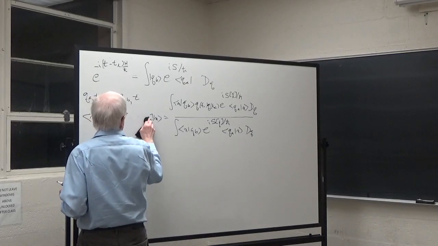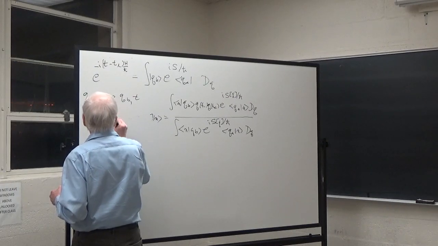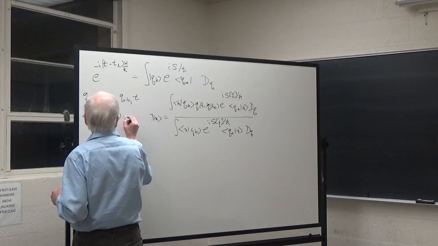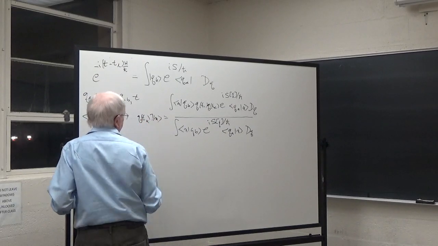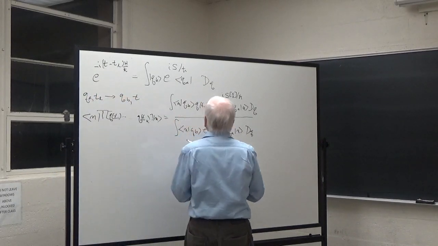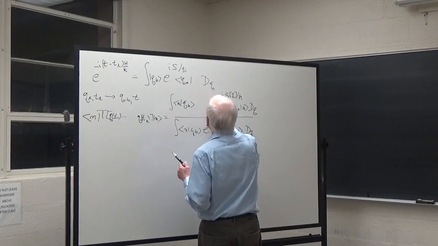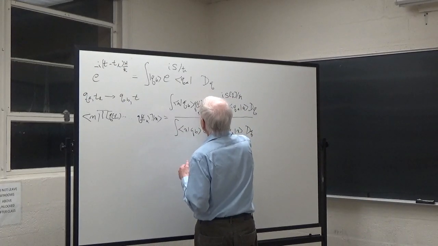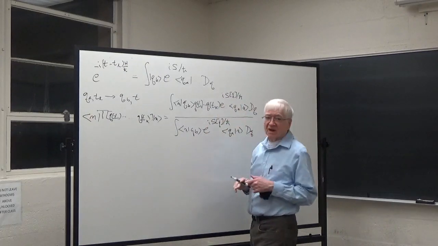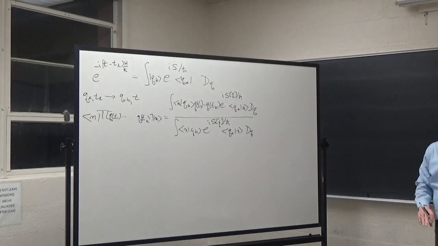If I do that, then what we're talking about here is the time-ordered product of q of t1 through q of tk, and over here we would have q of t1 through q of tk. So that's the generalization.